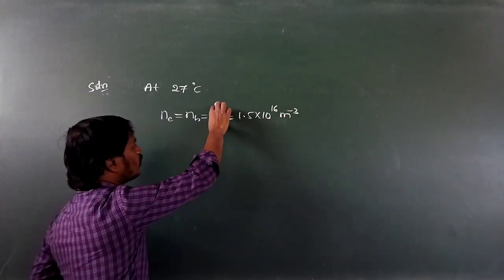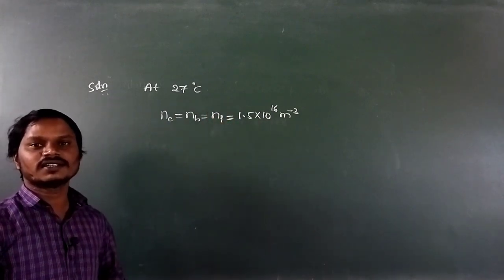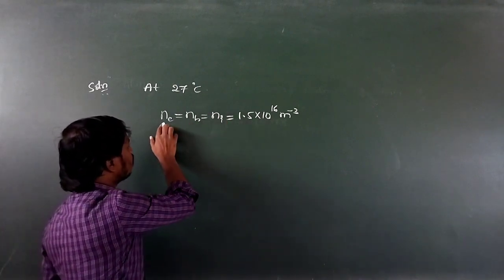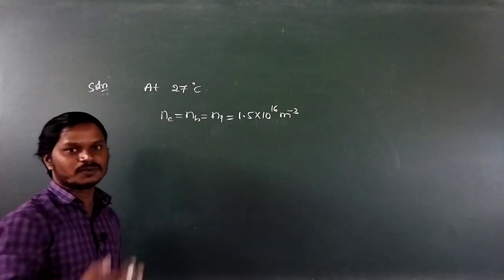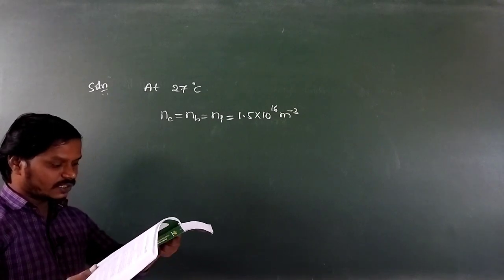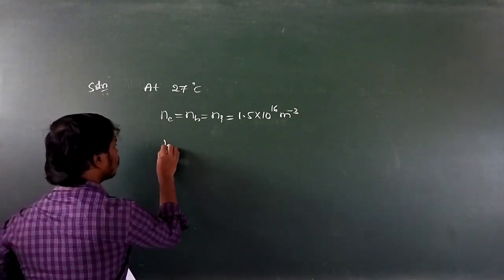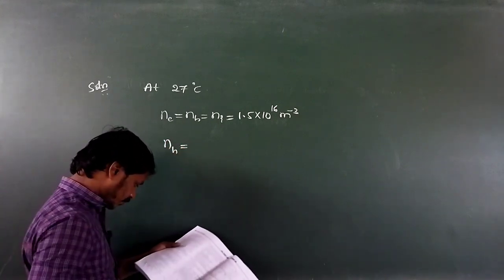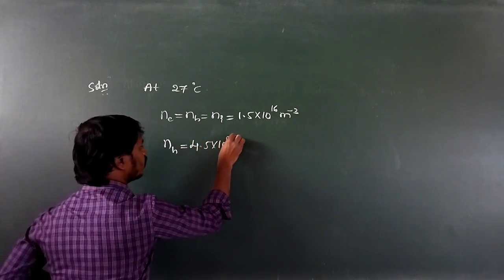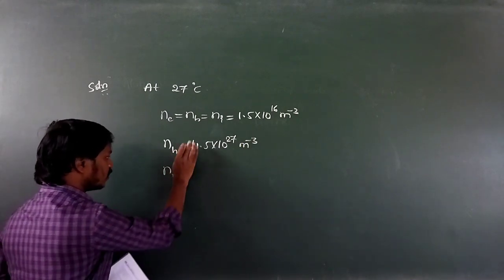Because initially it is a pure semiconductor, which is also called an intrinsic semiconductor. In the intrinsic semiconductor, the number density of electrons and holes are equal. Next, on doping with indium, the hole density increases to 4.5 into 10 to the power of 27 per meter cube. Hence the hole density is given, that is 4.5 into 10 to the power of 27 per meter cube. Then what is our aim? Our aim is to find the electron density.